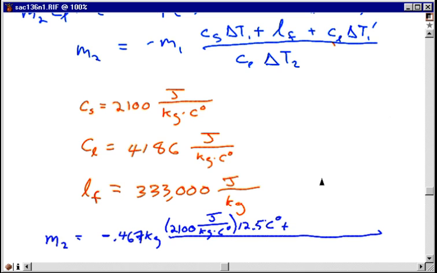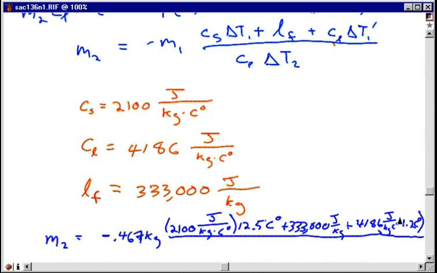Then plus, I got LF, which is 333,000 joules per kilogram, and then plus the Cl was 4186 joules per kilogram Celsius degree, times the delta T1 prime, which was once the ice was melted at 0 degrees, the temperature change that occurred when you warmed that up to 1.2 degrees Celsius.